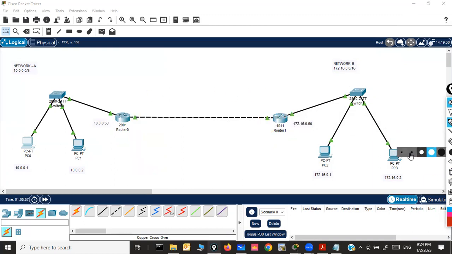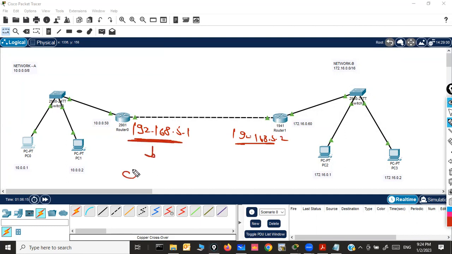And quickly, let me talk about another important point here. Now, if I assign an IP address, let's say 192.168.5.1, for example, and here again 192.168.5.2. So 192.168.5 means a class C address.